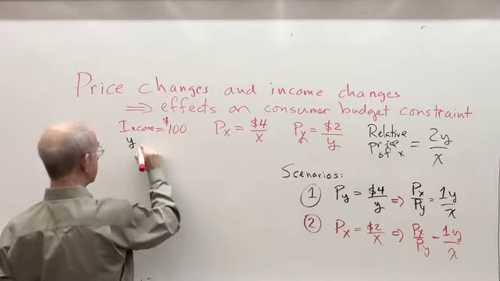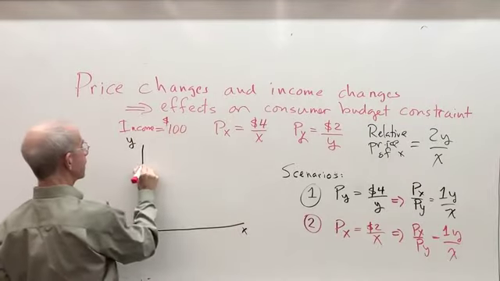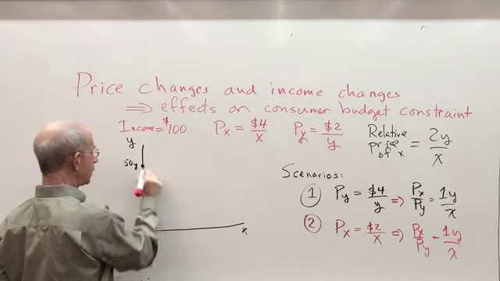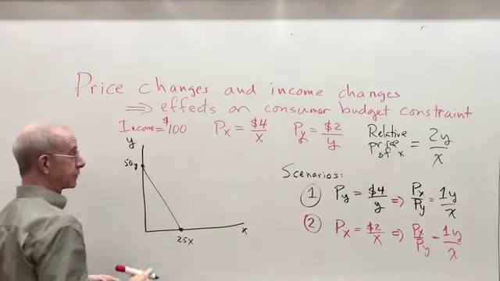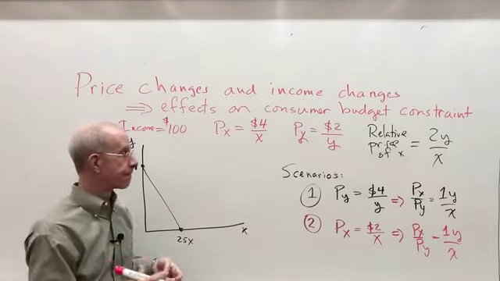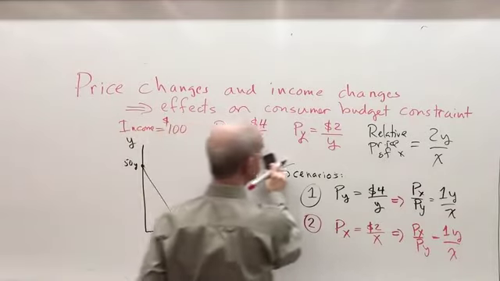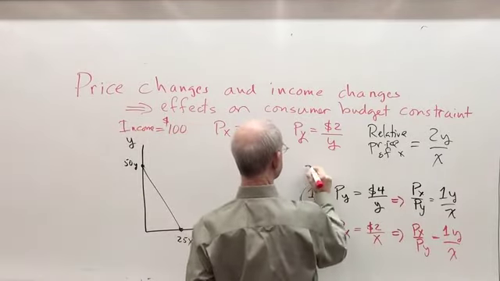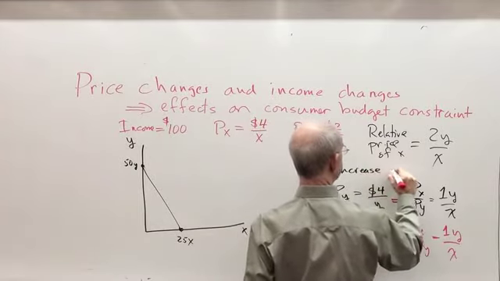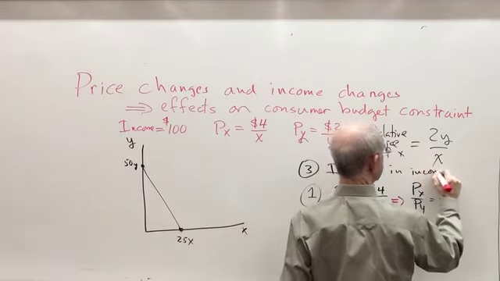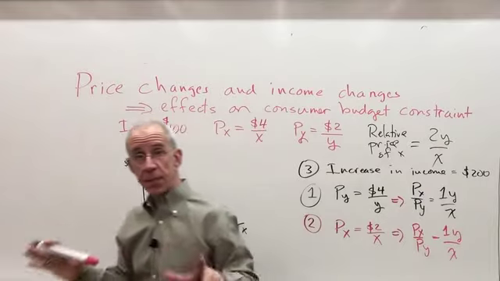So let's erase this. Draw the initial situation again. 50Y or 25X, okay, again with the original prices. And let's let scenario 3 be an increase in income to $200, keeping the prices the same.